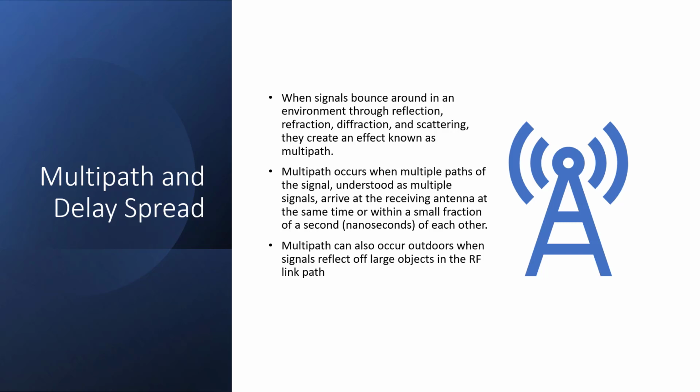You are talking about 100 megabit, 1000 megabit. In that case, the bit width is so tiny that even a nanosecond causes a lot of issues. This is called multipath spreading. In RF, this is very much characteristic. Multipathing, you have to deal with that.